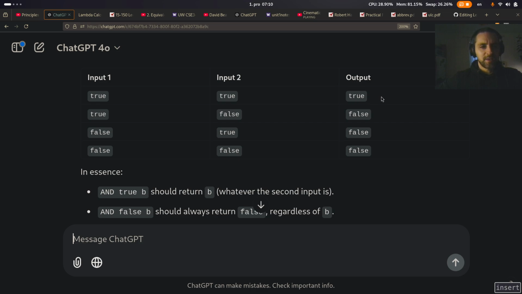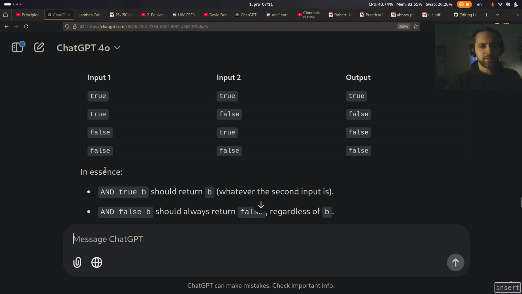Like, if the two inputs are the same, we get the same back, actually. True b should return b. What does this mean? True b to false b. Well, if we get true and true, we get true, right? And we get false and false, we get false. So if both inputs are the same, we get the same input back.